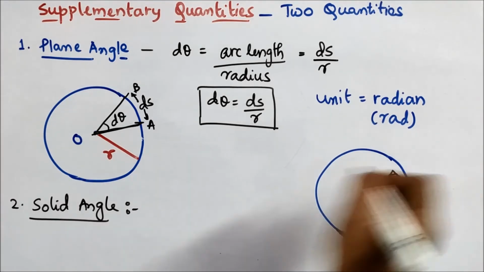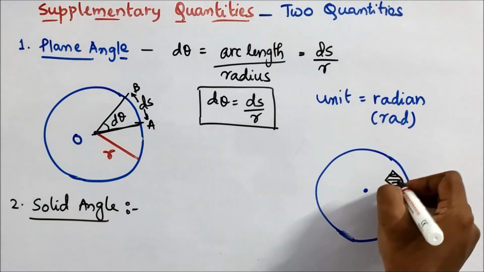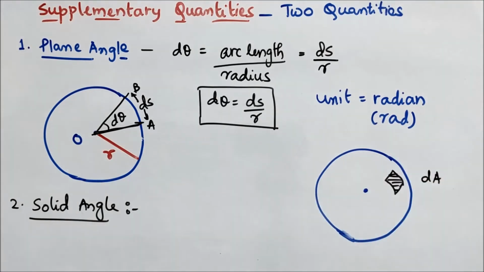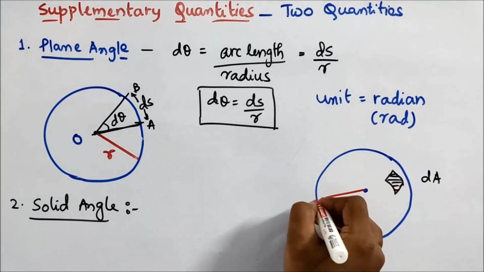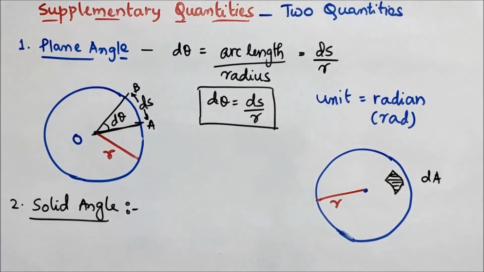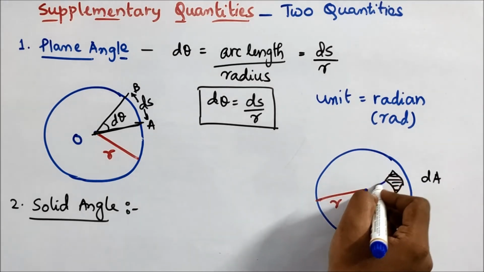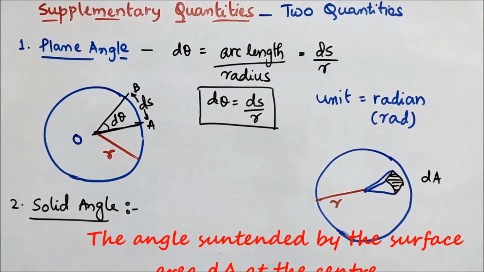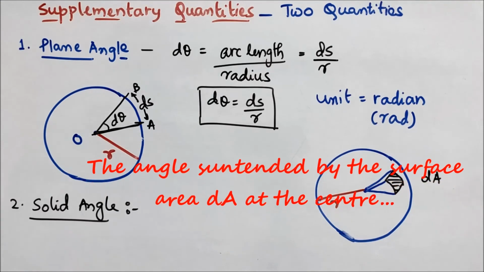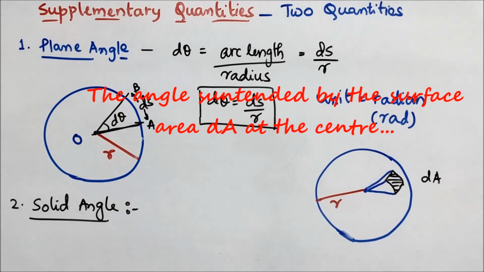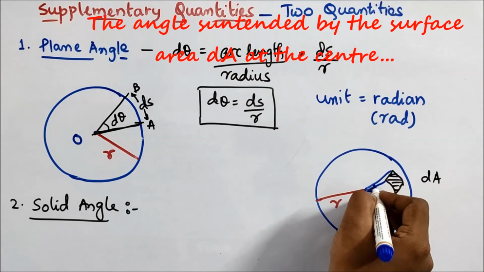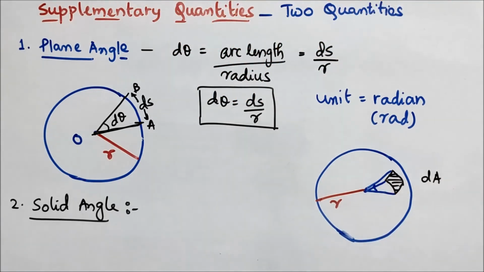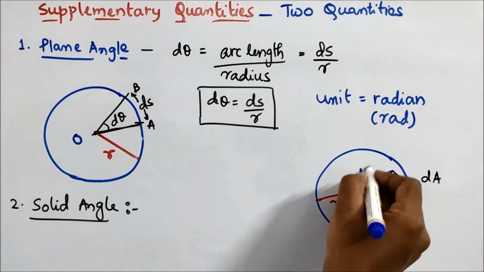Let's say this surface area is dA and the sphere has the radius of r. The angle subtended by this surface area at the center, let us say that is the solid angle. Let us say that solid angle is equal to d omega.